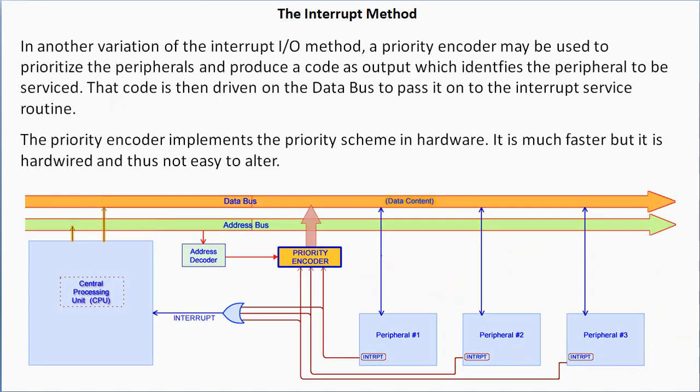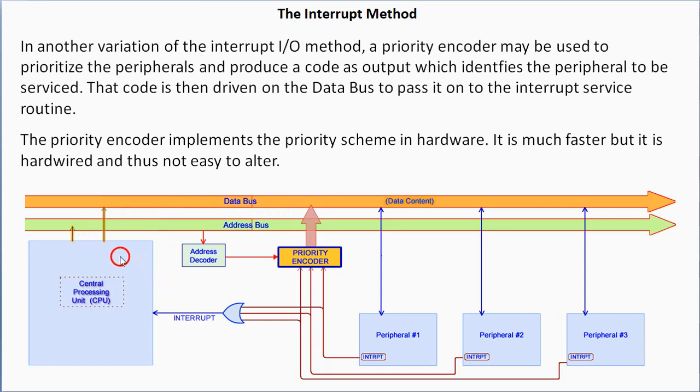In another variation of the interrupt IO method, a priority encoder may be used to prioritize the peripherals and produce a code as output which identifies the peripheral to be serviced. That code is then driven onto the data bus to pass it on to the interrupt service routine.